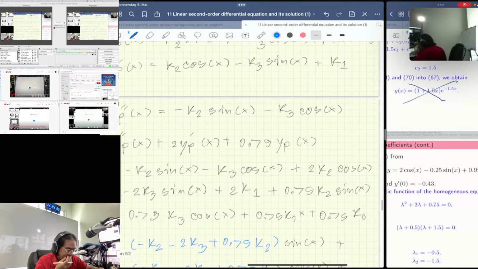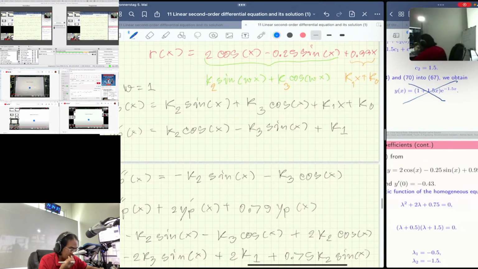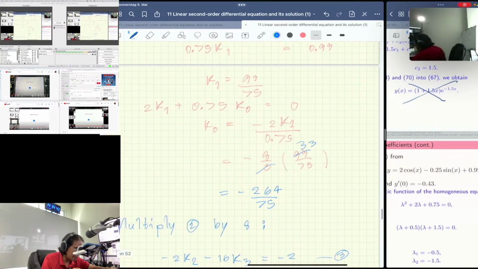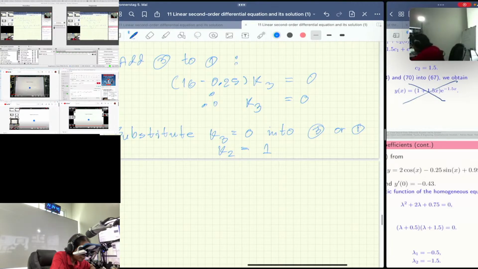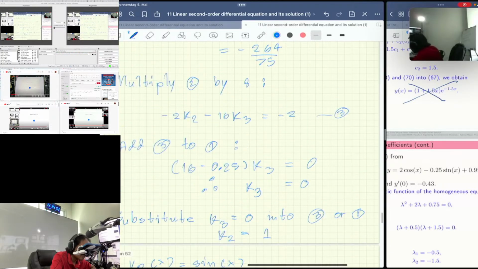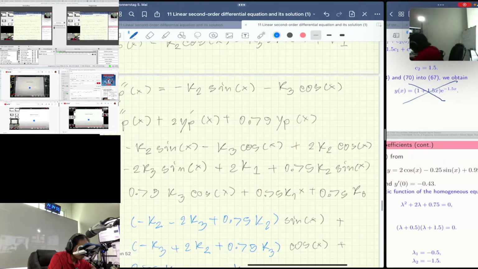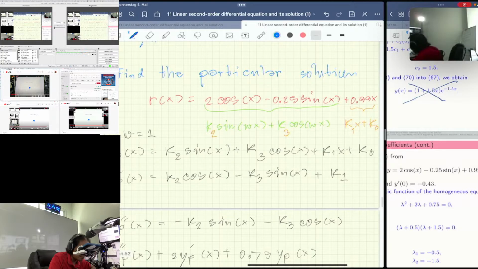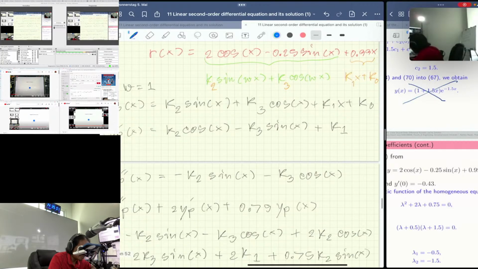So you would get YP, YP of x will be sin x plus K1x plus K0.